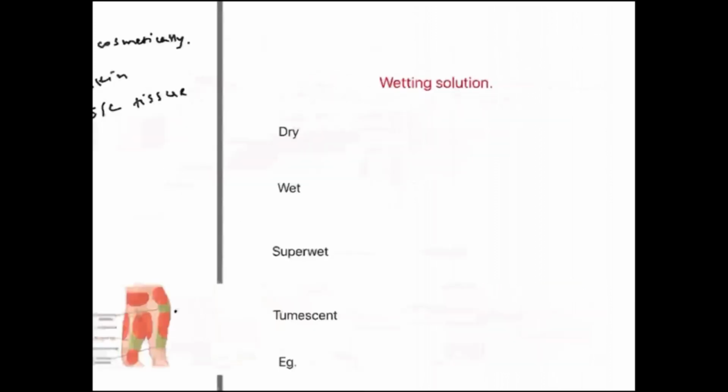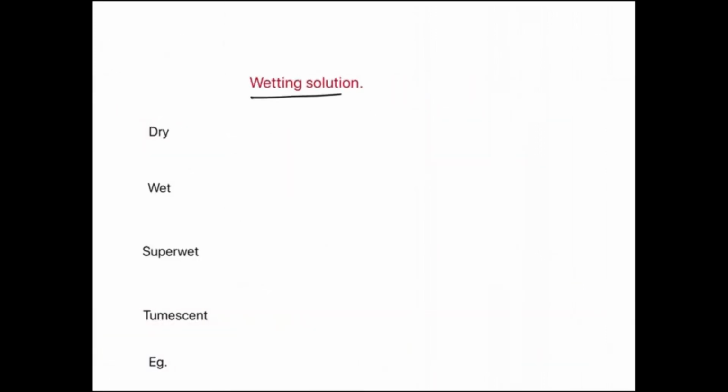There is a thing called wetting solution. This is a solution which is required for liposuction surgery. First is the dry type, in which there is no infiltration done by this solution. Wet type, when there is 200 to 300 ml per area infiltration.